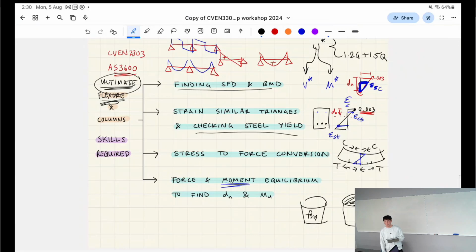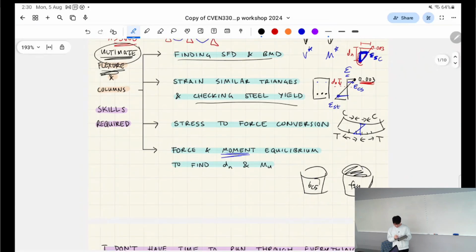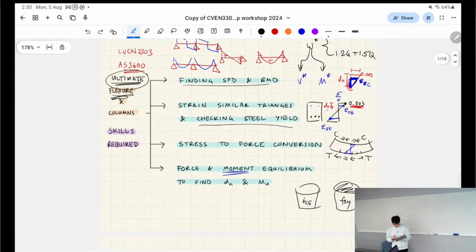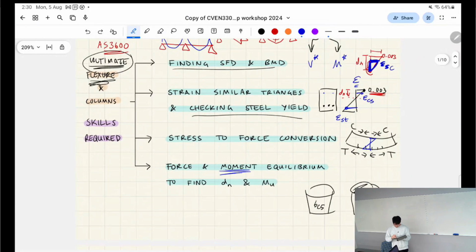And if the bucket's full, that's when it can't give any more stress, if that makes sense. So while your bucket is not full, it's going to be expressed using sigma CS, and when it is full, FSY is usually 500 MPa.